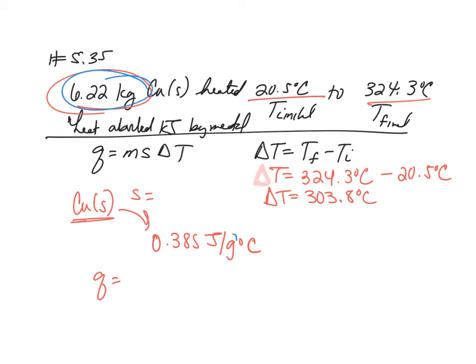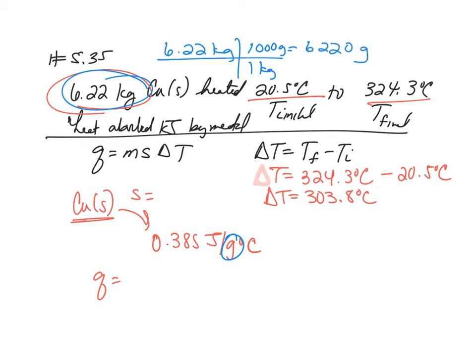Okay, so Q equals the mass. I need to convert that. You see how that's grams? So I need to convert 6.22 kilograms. And for 1 kilogram, we get 1,000 grams. So now I can do 6.22 times 1,000. I get 6,220 grams.